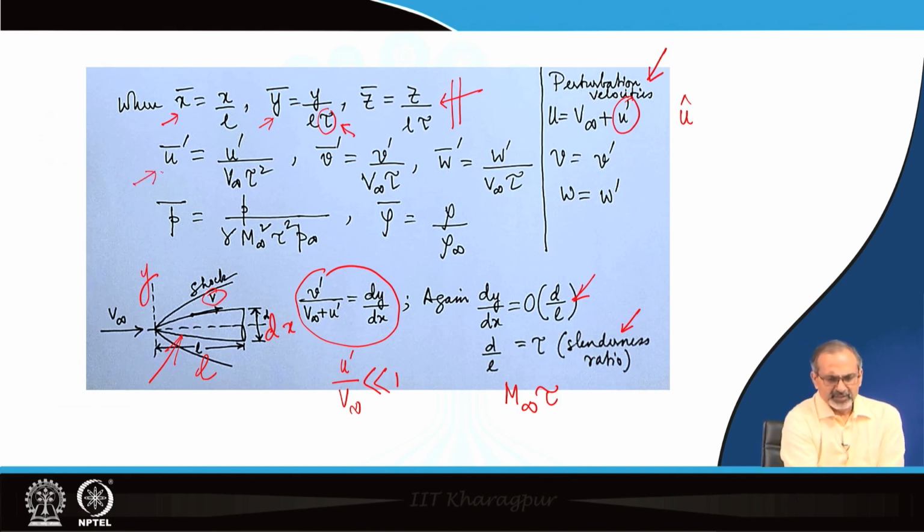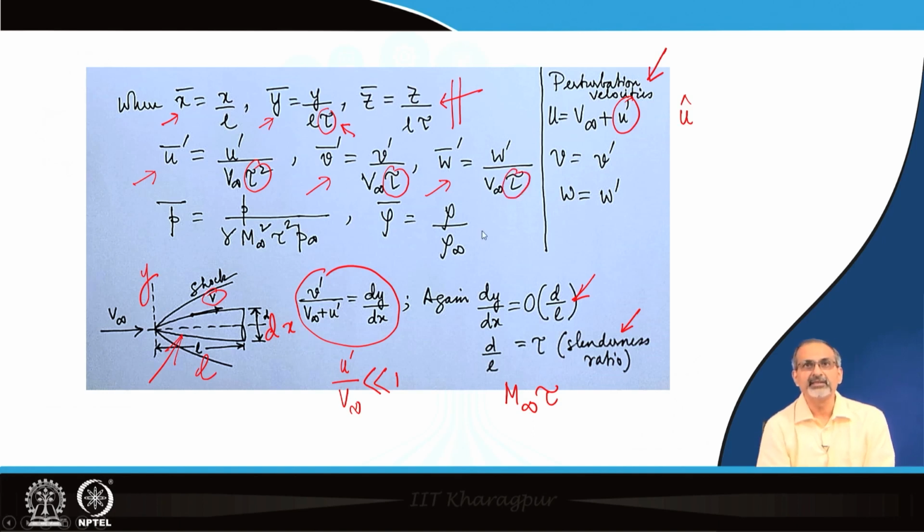Similarly, when you compare u bar dash, v bar dash, and w bar dash, you find that in u bar dash there is a tau square, while in v bar dash and w bar dash there are taus, which basically means that u bar dash is far weaker than v bar dash or w bar dash.